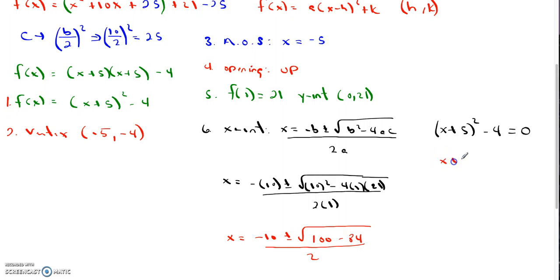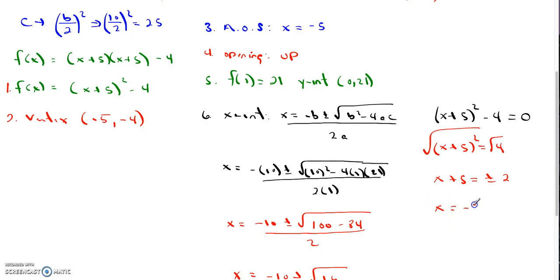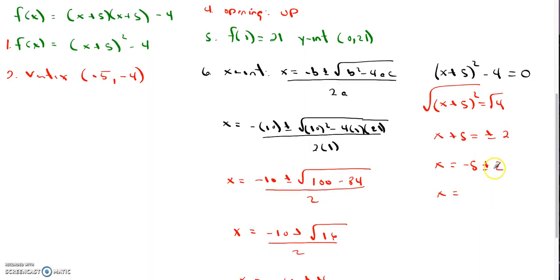Add 4 to both sides. X plus 5 squared equals 4. Square root both sides. X plus 5 equals plus or minus 2. X equals negative 5 plus or minus 2. X equals negative 5 plus 2, which is negative 3. X equals negative 5 minus 2, which is negative 7. And those are your intercepts using both methods.